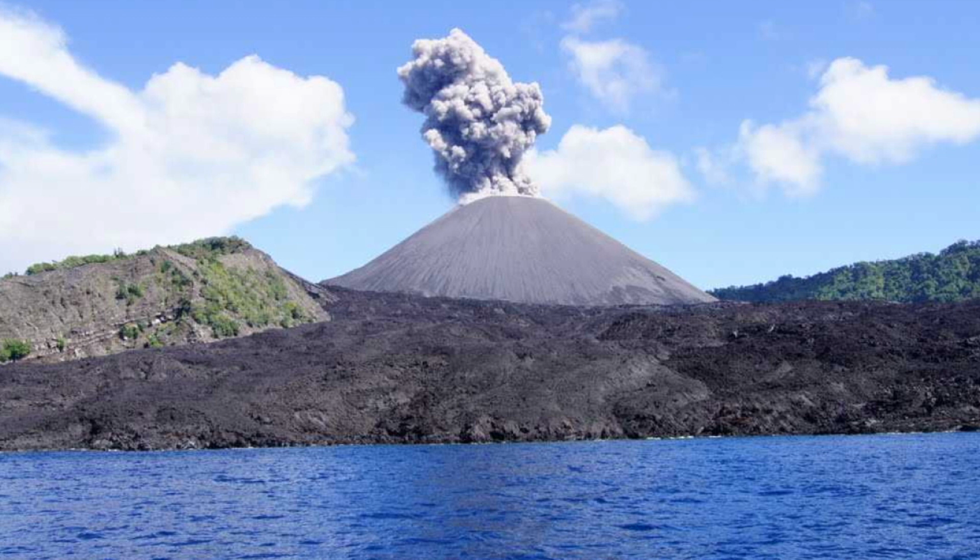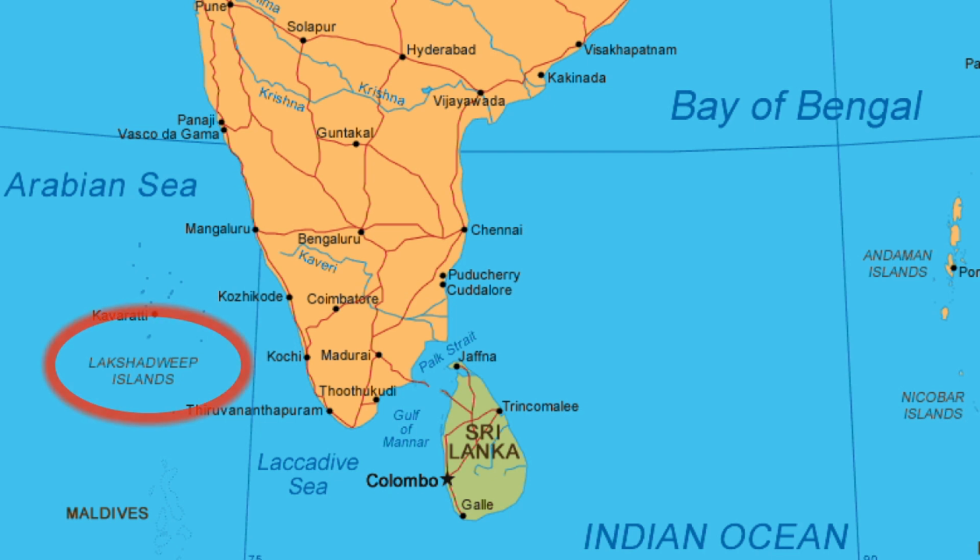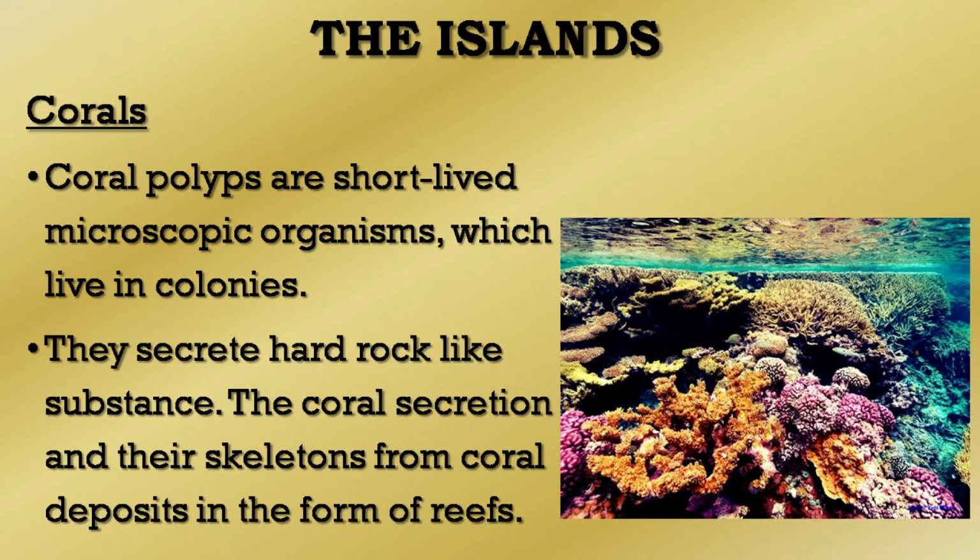Coming to the other section of the islands, it is the Lakshadweep Islands. As everybody knows, they lie in the Arabian Sea, very close to the Malabar coast, that is in Kerala. This island group is mainly composed of corals. What are corals? Corals are sea animals that live in the shallow water of the sea.